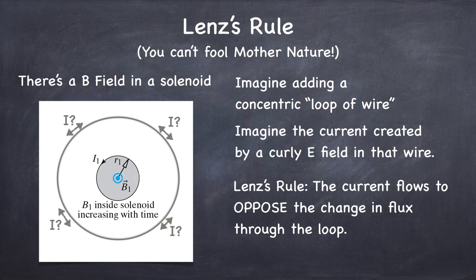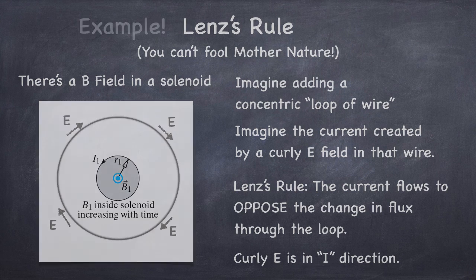And to create a field into the page, of course, you need a current that's clockwise. Since the current has to be clockwise to oppose the field, then the electric field has to be clockwise. And if the electric field has to be clockwise, that has to be true whether the wire's there or not. And so you can get rid of the imaginary wire having successfully deduced the direction of the electric field. All right, let's look at an example and see how that works.